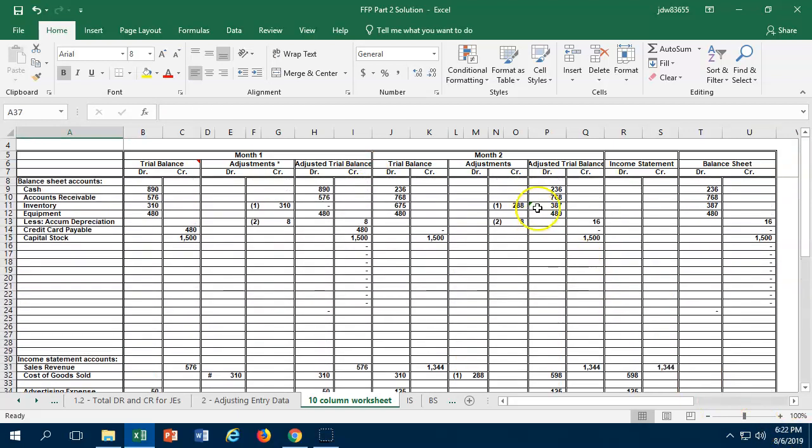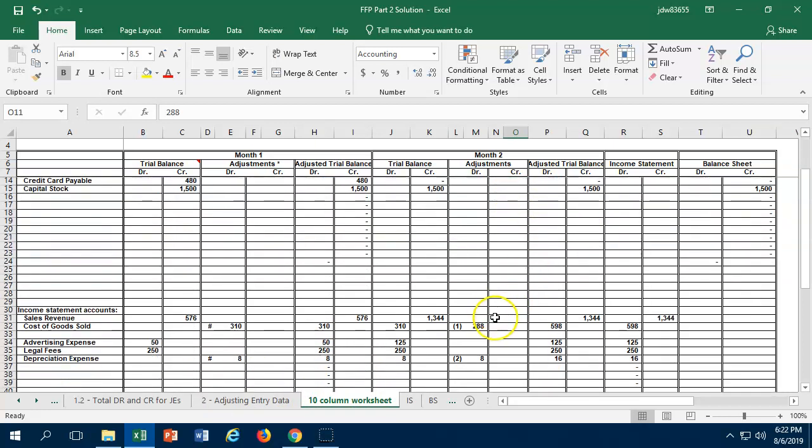So the adjustments, you see over here, columns M and O, are the month 2 adjustments. You do those entries just like you did for October. We have one here for inventory adjustment.